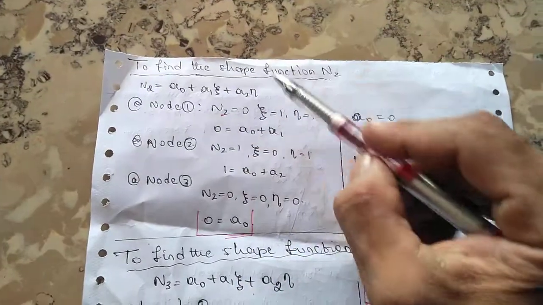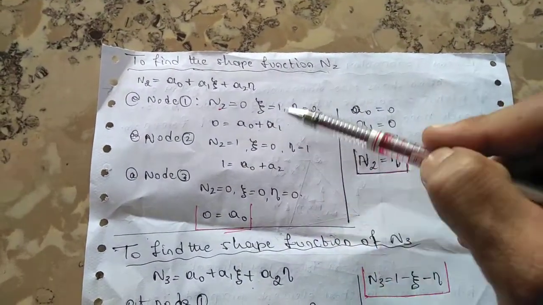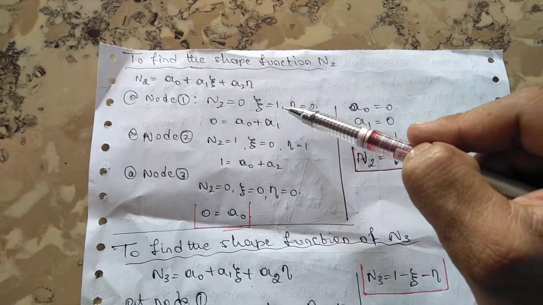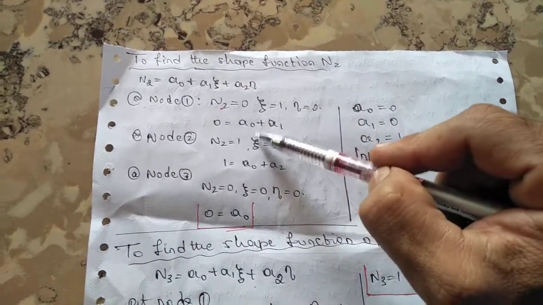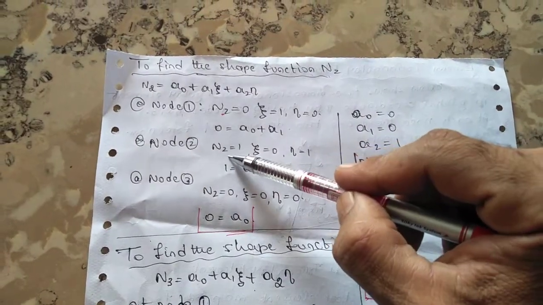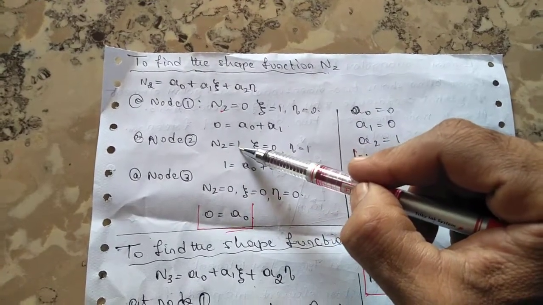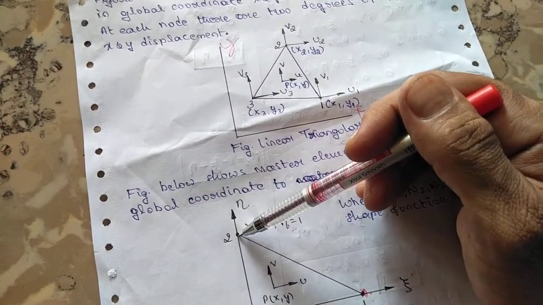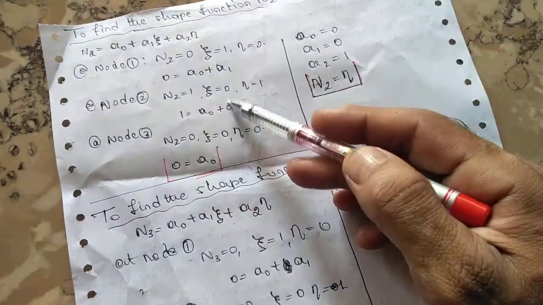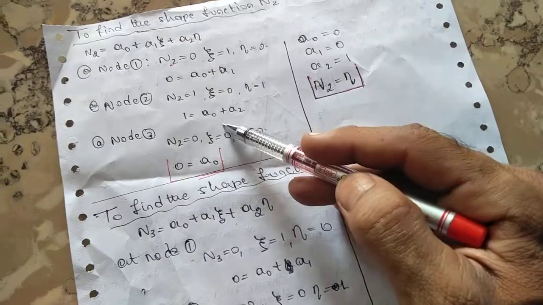Next, the xi value we have mentioned there, we have to substitute that value, and the eta value also. So we will get this one. At node 2, N2 will be 1. This is node 2, here N2 will be 1. And after substitution we will get this.